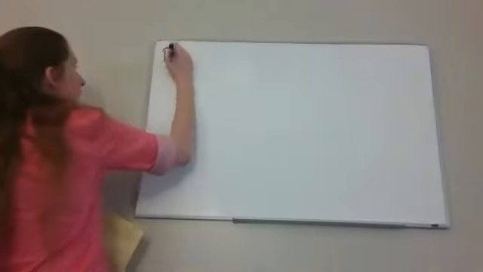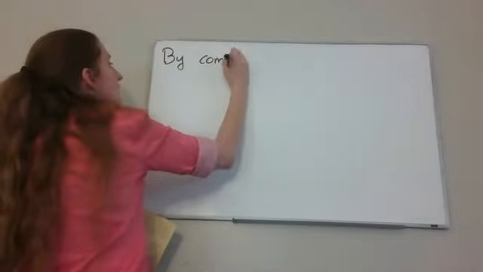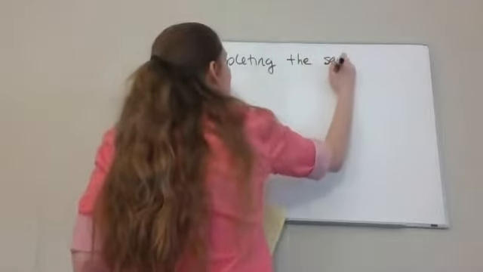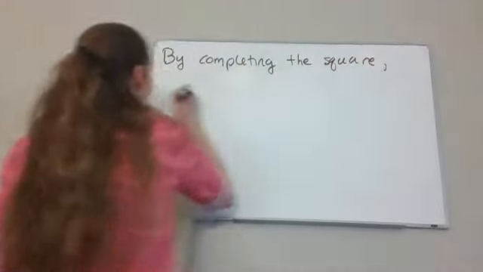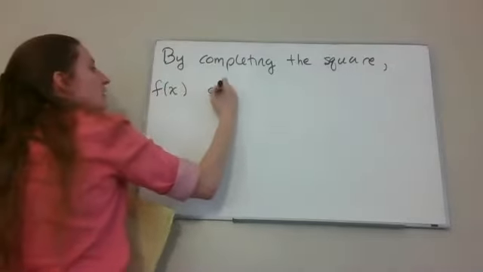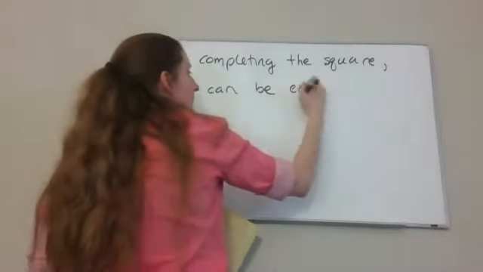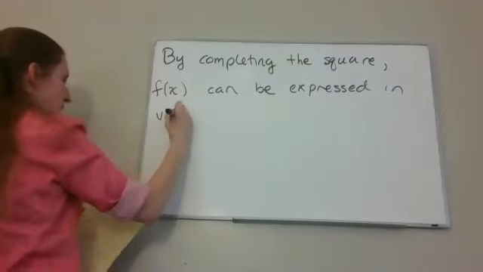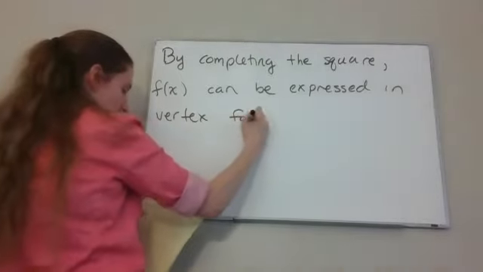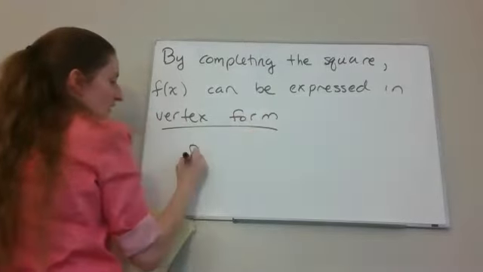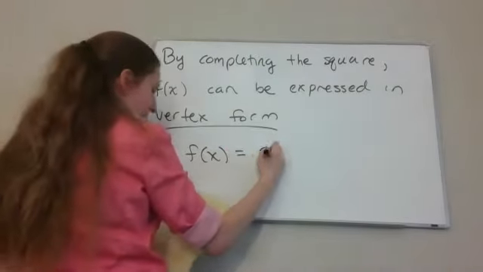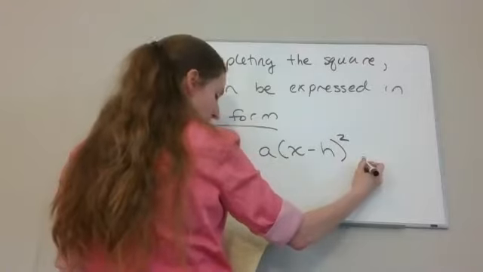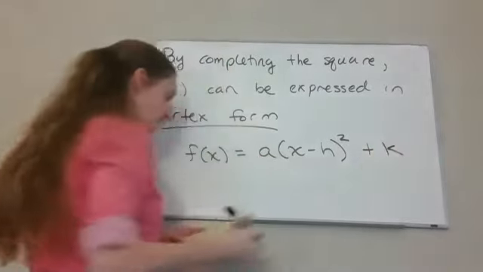So by completing the square, f of x can be expressed in vertex form, which is f of x equals a times (x minus h) squared plus k.